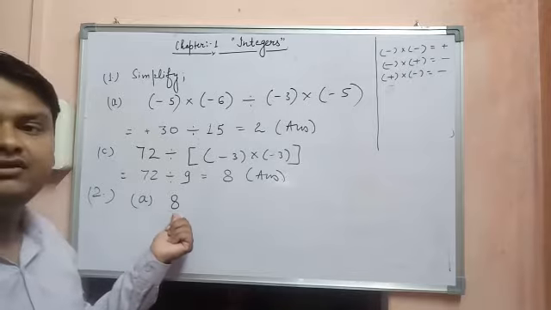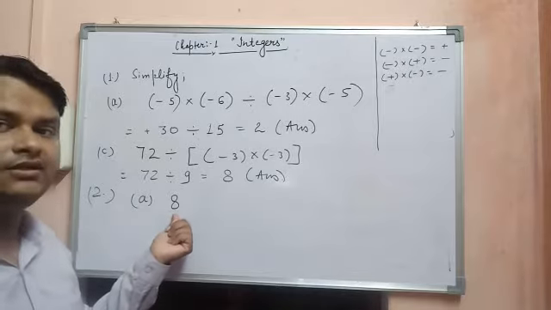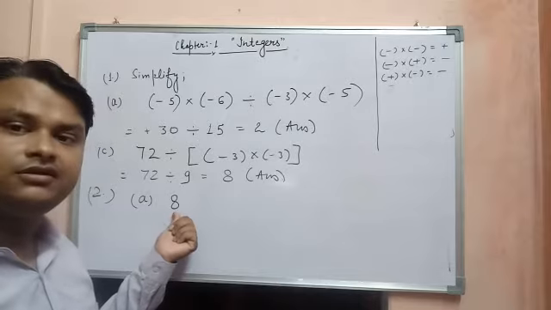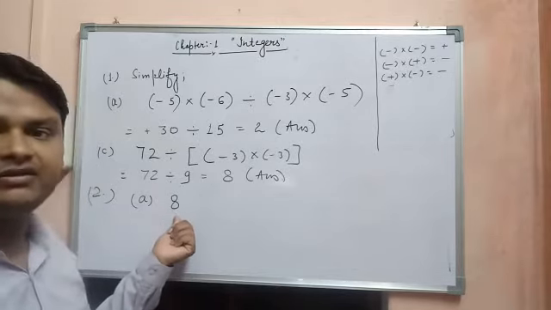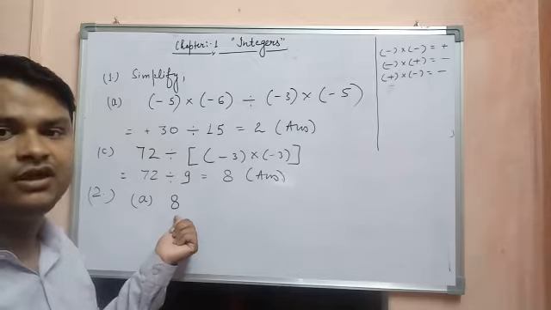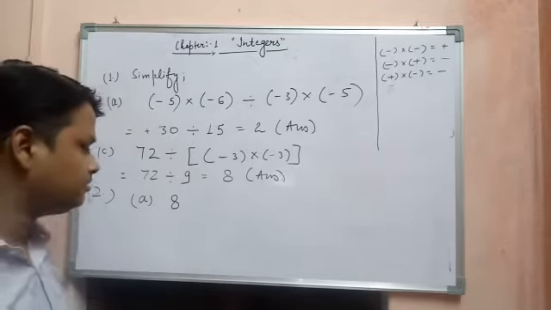In this number you have to guess: 8. What number, if we add it to 8, gives 0? The answer is -8.